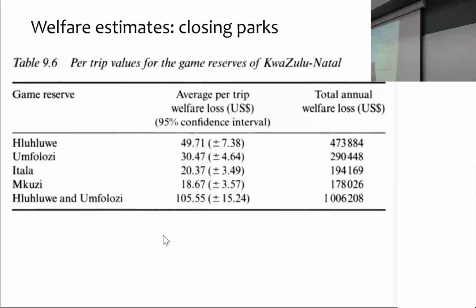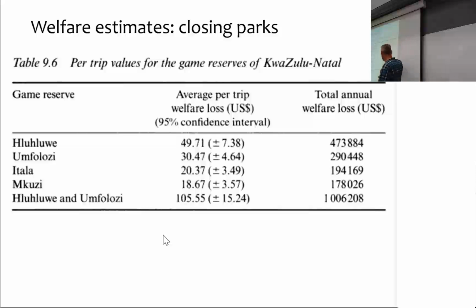If we close, and this is a click sound, Luluwe and Umfolozi, right? The welfare loss would be 106. And you can do this, and then you can also work out the total consumer surplus of these sites.